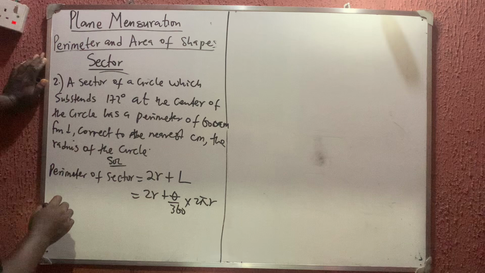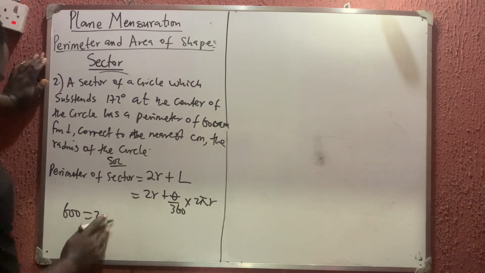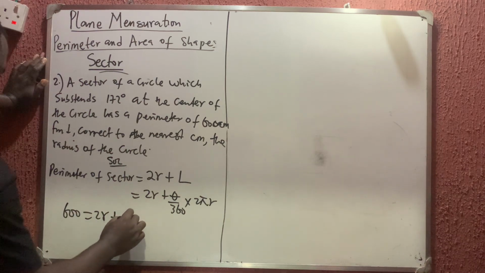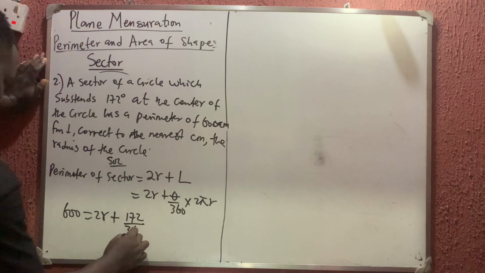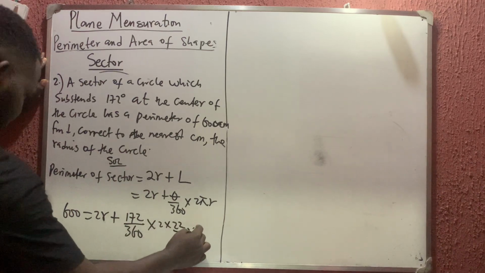So the perimeter is 600, equal to 2r, because I don't know my r, plus 172 over 360 times 2 times 22 over 7 times r.